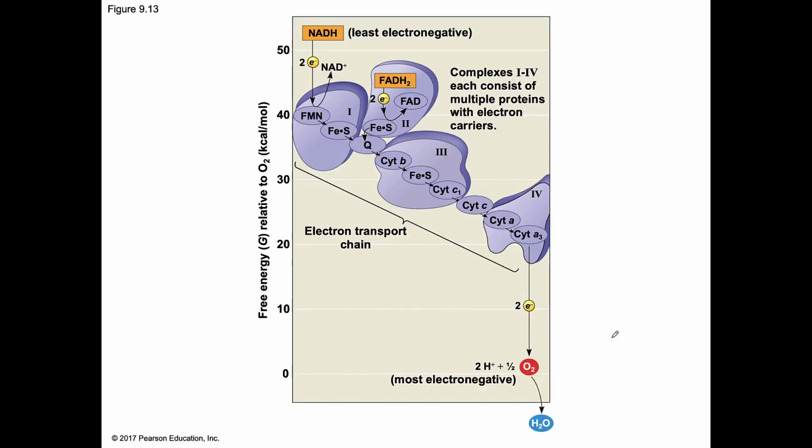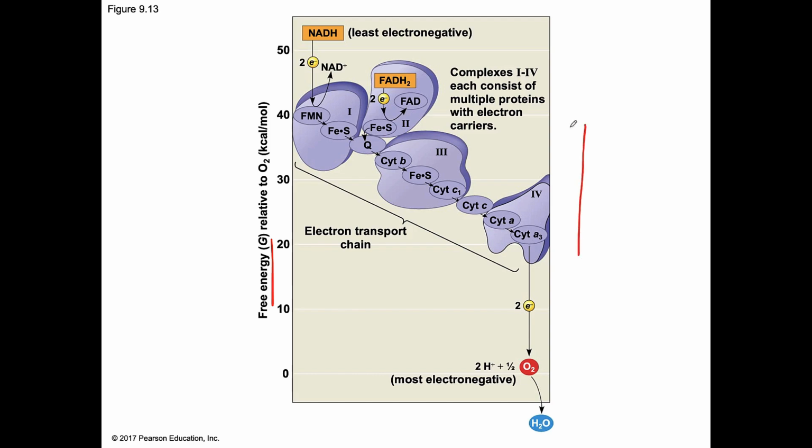So here is a free energy diagram of the electron transport chain. I do not need you to memorize the names of all of the proteins. If you go to medical school, you'll learn them all then. So if you want to learn the names of the proteins, that's fine. But what you need to know is that the beginning of the chain has a higher free energy, and the ending of the chain has a lower free energy.